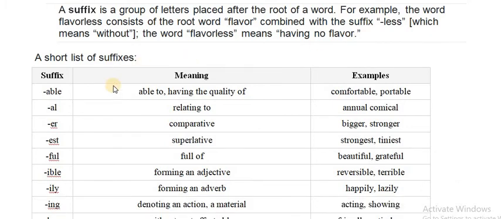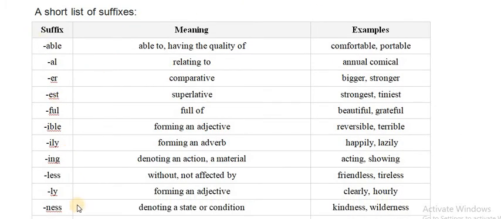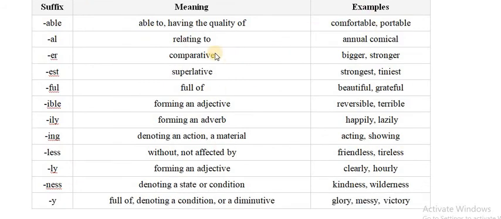Now here is the list of suffixes. You can see their meaning and example. Able means able to or having the quality of. Comfortable, portable. Al means relating to. Let's see the example of al: annual, comical.